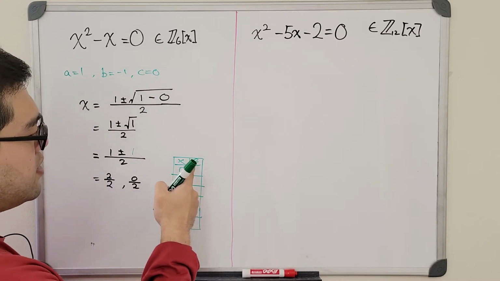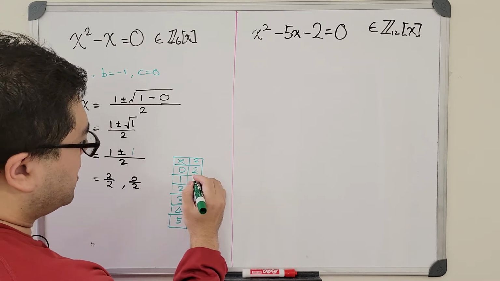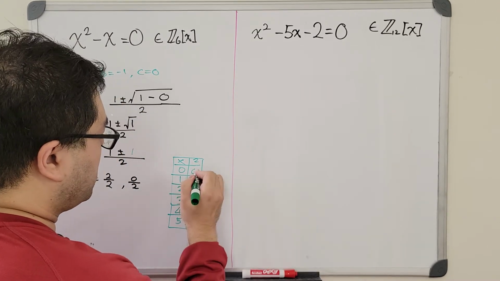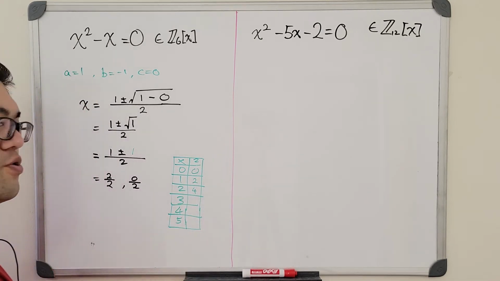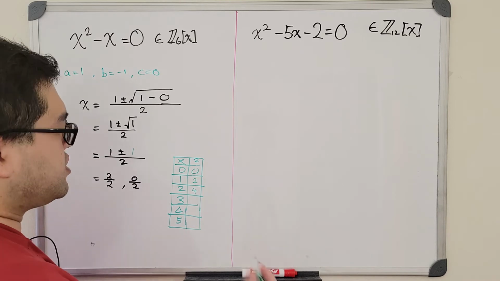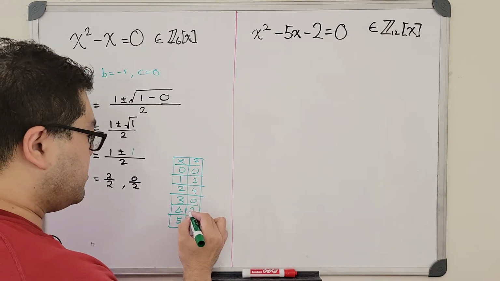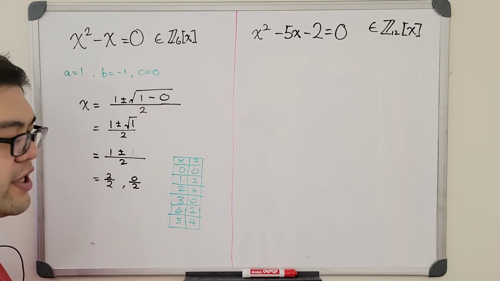So 0 times 2 is 0, 1 times 2 is 2, 2 times 2 is 4. 3 times 2 is 6, but that's just same as 0. 4 times 2 is 8, but we'll reduce it to 2. 5 times 2 is 10, and again, if we reduce it, we'll get 4.